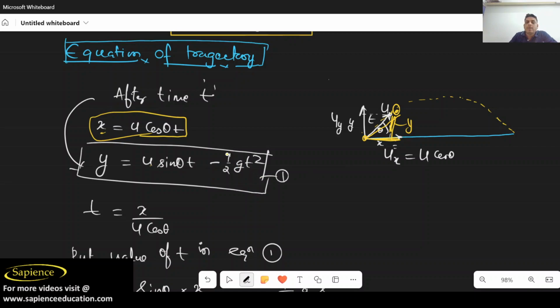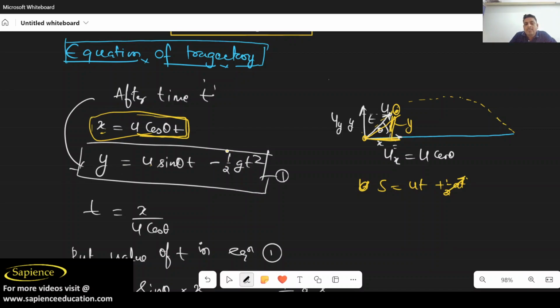For displacement y, we have just written that s is equal to ut plus 1 by 2 at square, right? So the acceleration in the x component is 0, that's why we got x is equal to u cos theta into t.